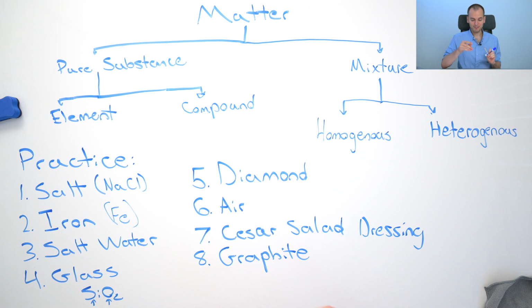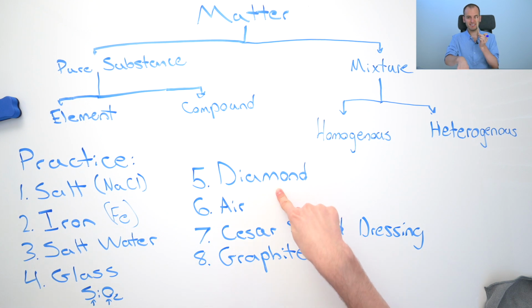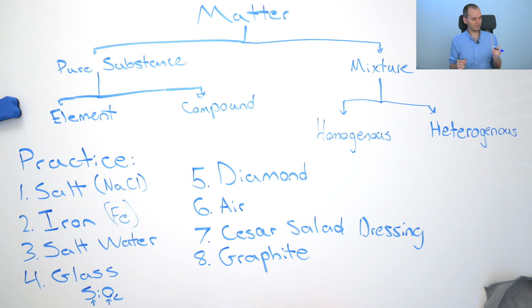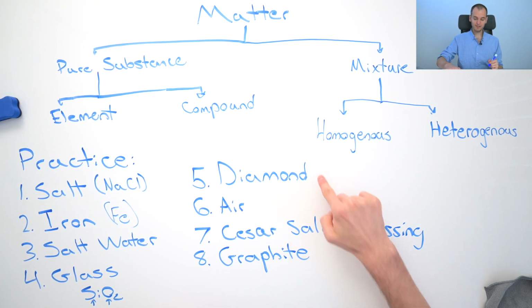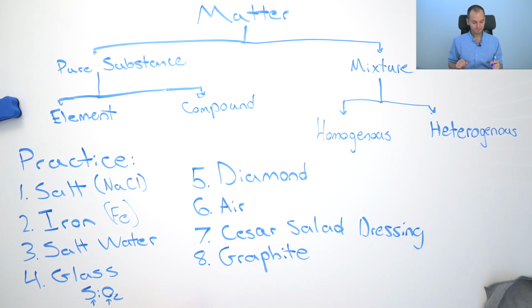Different bonding pattern than diamond, but this is still carbon. So if I took the center of this pencil, heated it up really hot, applied a bunch of pressure, and cooled it down at the right rate, I could make diamond. It's actually made out of the same thing. Both of these are just made out of carbon. So they're both pure substances typically.